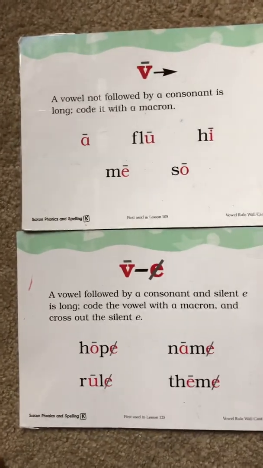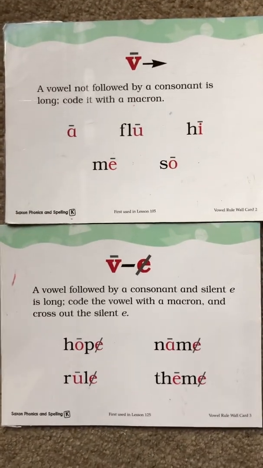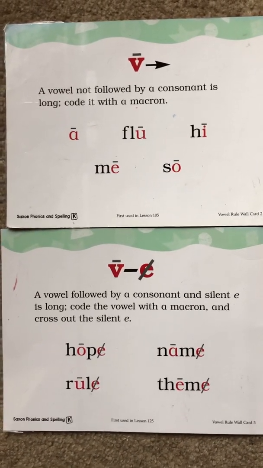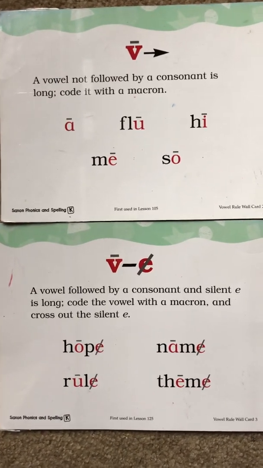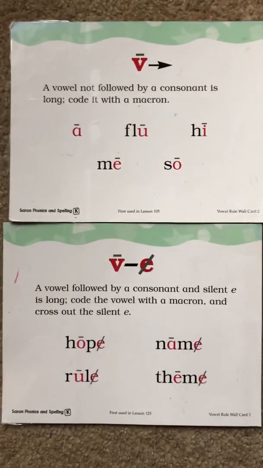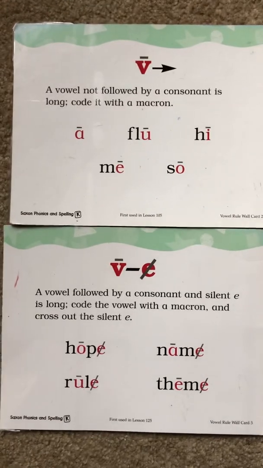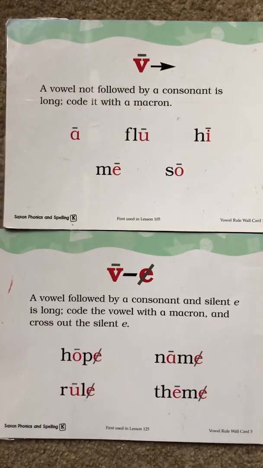Okay, let's review our long vowel rules. These are the rules you already know. So let's get them stuck in your head and remind ourselves. You remember a vowel that is not followed by a consonant is open. That makes it long and you code it with a long macron.